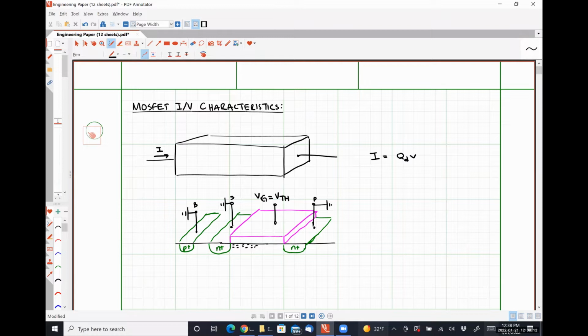And so we have a channel here full of electrons, and the thickness of our channel, or the depth into the substrate, is effectively constant.